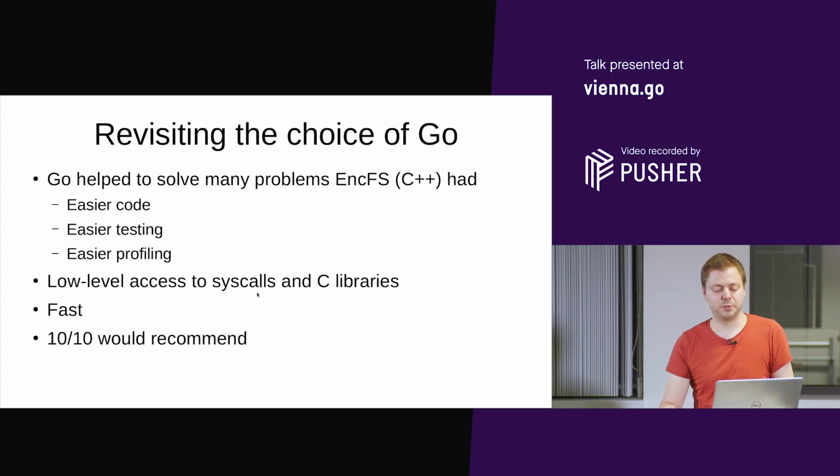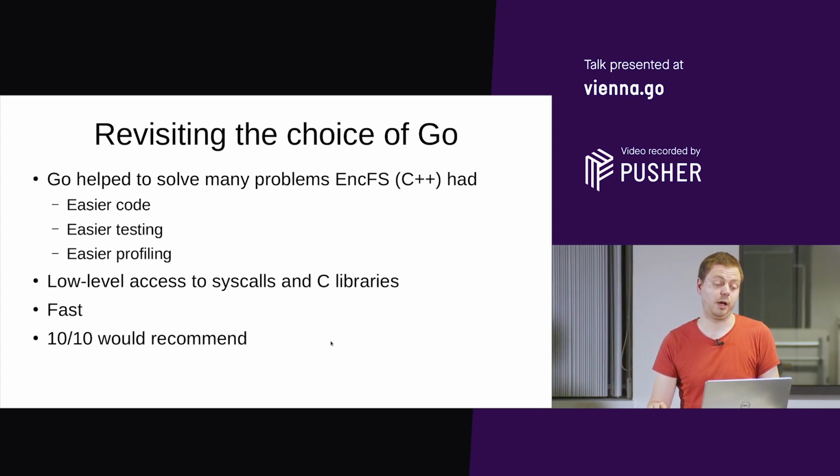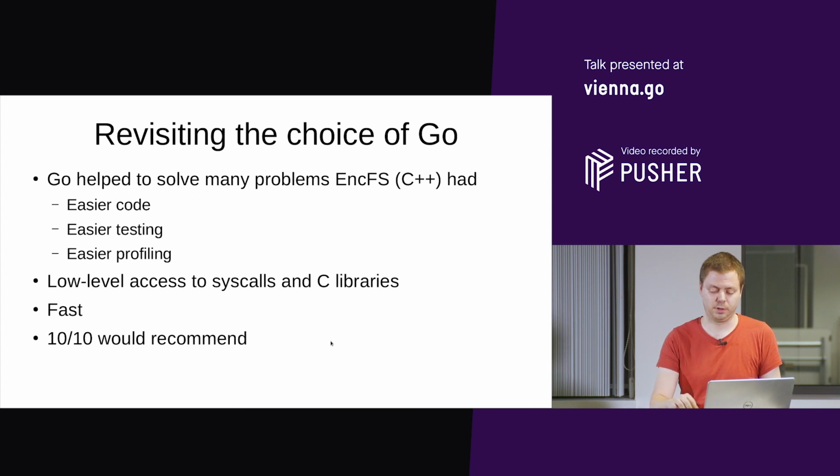It also allowed me to use functions in the Linux kernel that are not available through the Go standard library. So all this is possible in Go. It runs pretty fast, and I would definitely recommend it. I would definitely choose it again.